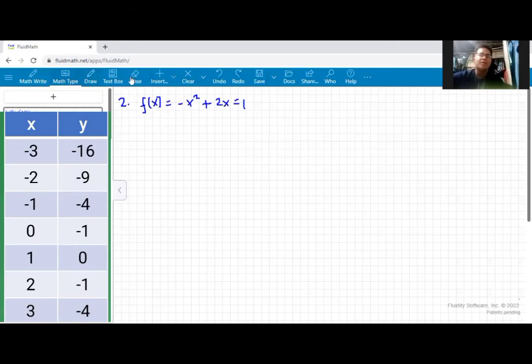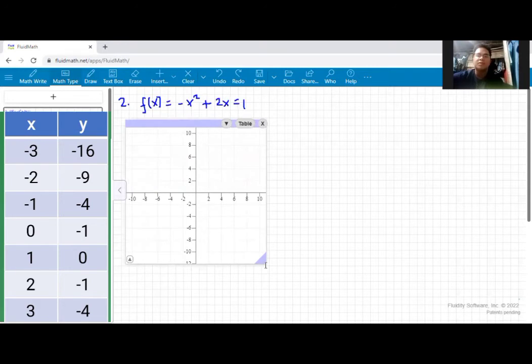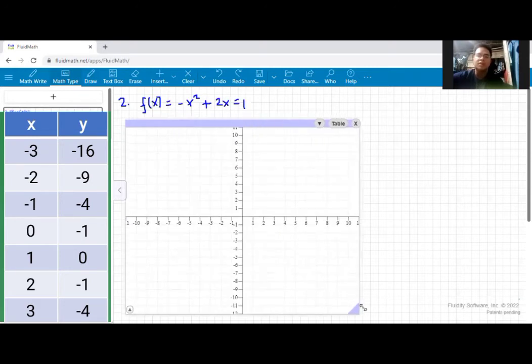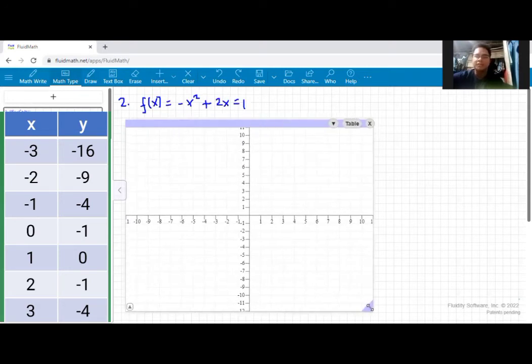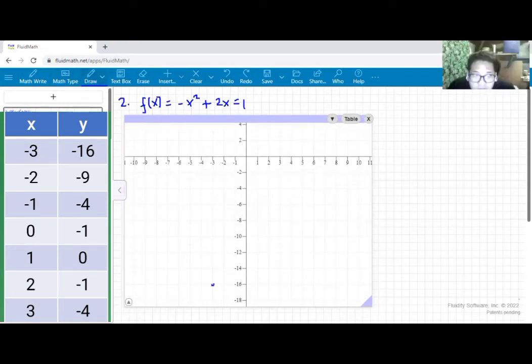We have here the values of x and y, and what we are going to do is plot these on the Cartesian plane so that we can confirm that it represents a quadratic function. First, the values of x and y are negative 3 and negative 16.